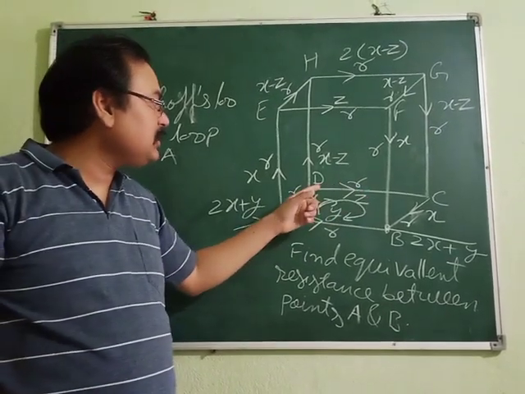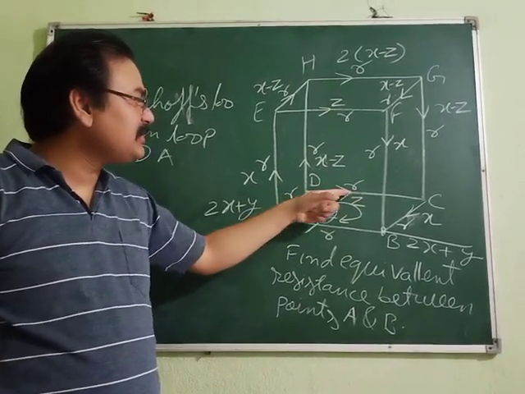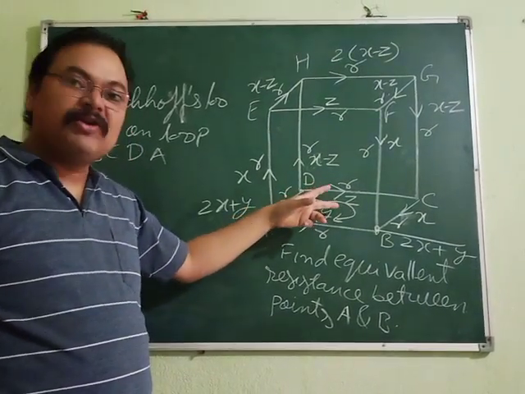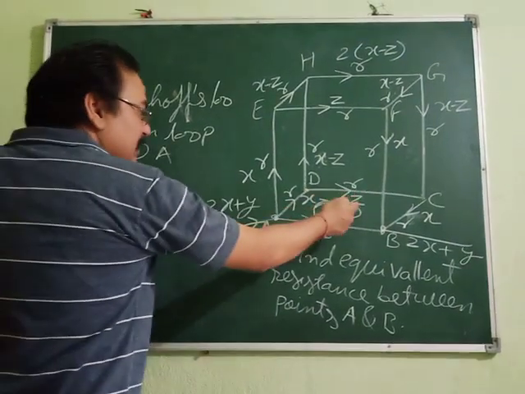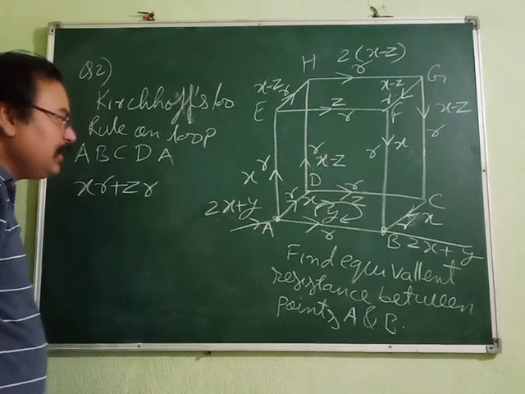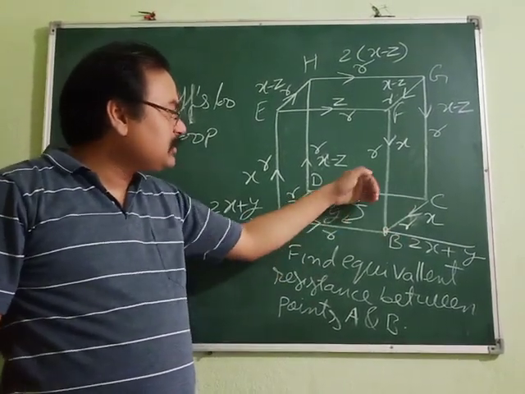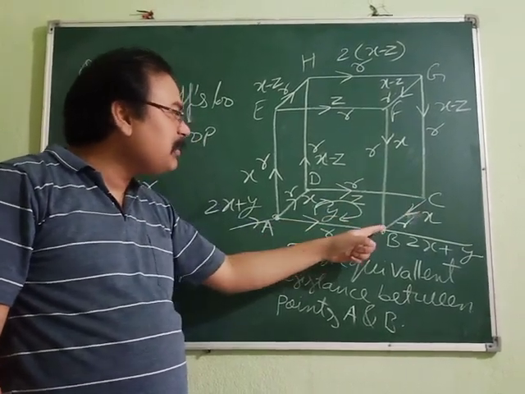While moving like this, current is also in the same direction. You can see this and this, both are along the same direction. As both arrows are along the same direction, the potential drop will be positive. So current is Z and resistance is R, so plus ZR. Now, while moving like this, we are turning and coming back like this, and current is also coming back.